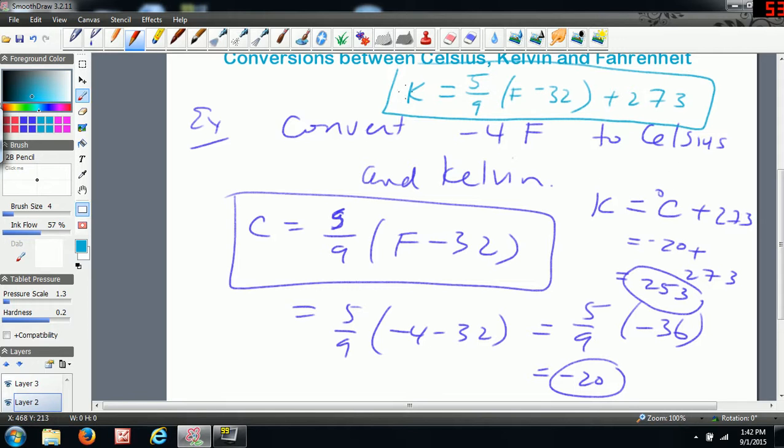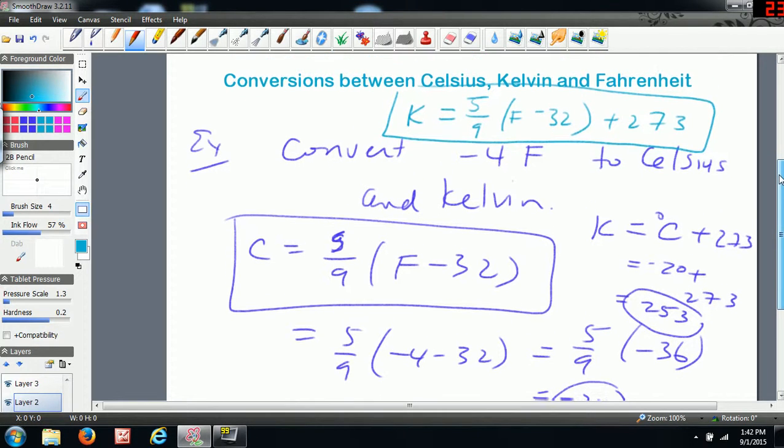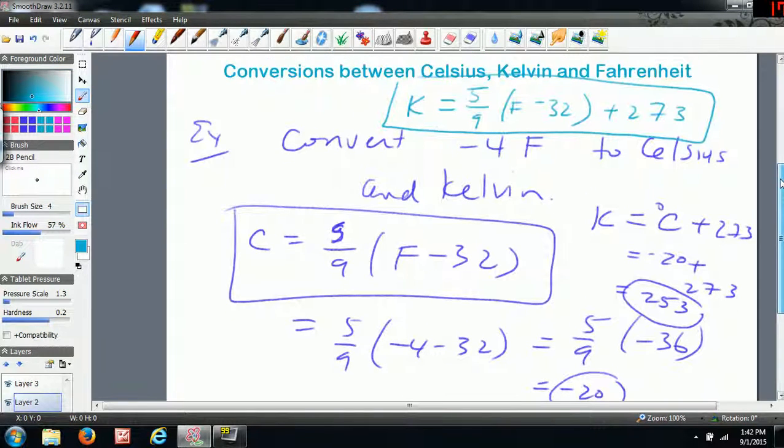And you can use this equation to convert between Kelvin and Fahrenheit. Or you can evaluate Celsius first and then plug them into this equation. So there's more than one way to solve the questions, but this is the general way to convert between Celsius, Kelvin, and Fahrenheit.